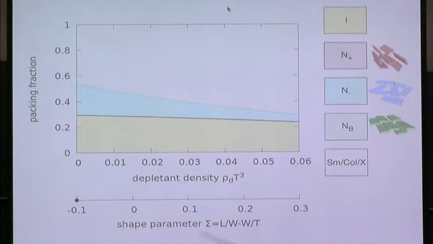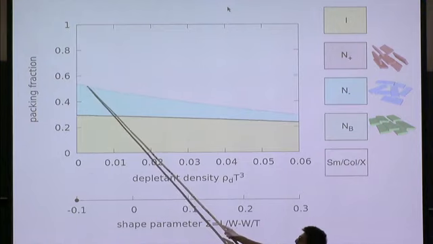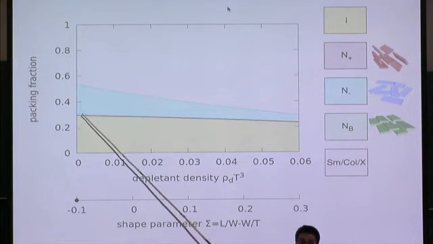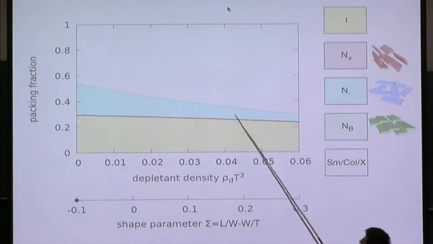Therefore, we expect at 0 depletant density only a stable uniaxial oblate phase. And actually, for every other depletant density, even increased, we still observe this simple oblate uniaxial phase. But what happens when we make the particles more rod-like, when we increase the value of this shape parameter?